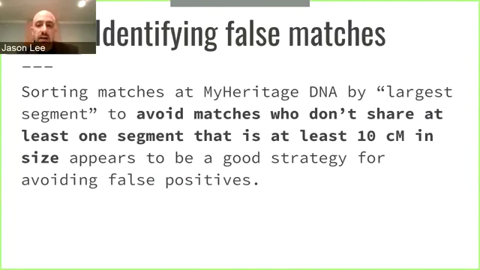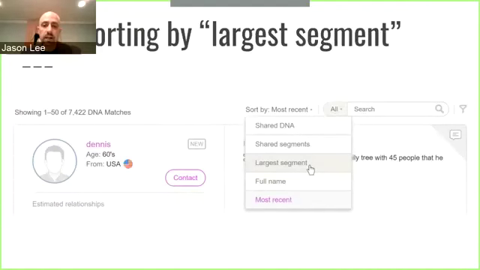Sorting matches at MyHeritage DNA by largest segment to avoid matches who don't share at least one segment that is at least 10 centimorgans in size appears to be a pretty good strategy from what I've seen. This just shows you how you can do that at MyHeritage. You can click on this option and it will sort your matches by largest shared segment. And if you avoid the matches that don't share at least one segment that's at least 10 centimorgans in size, you're doing something that's helpful.